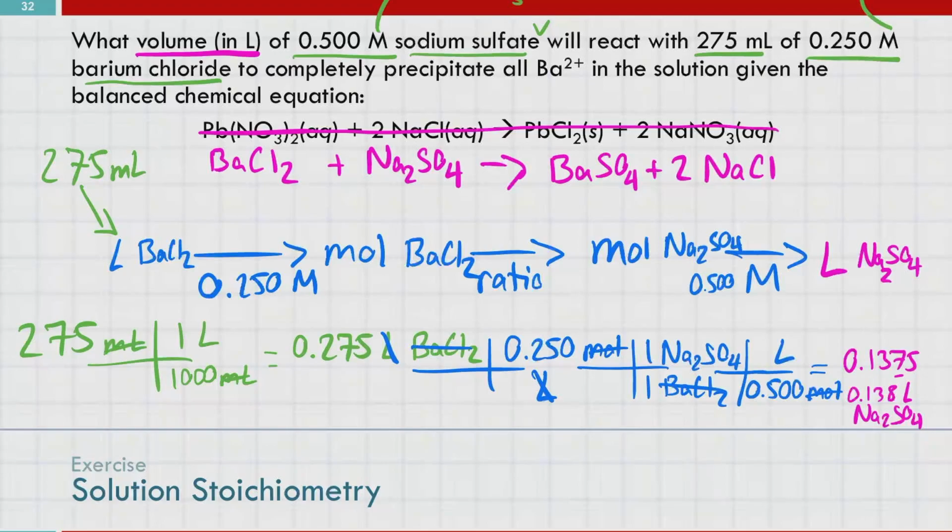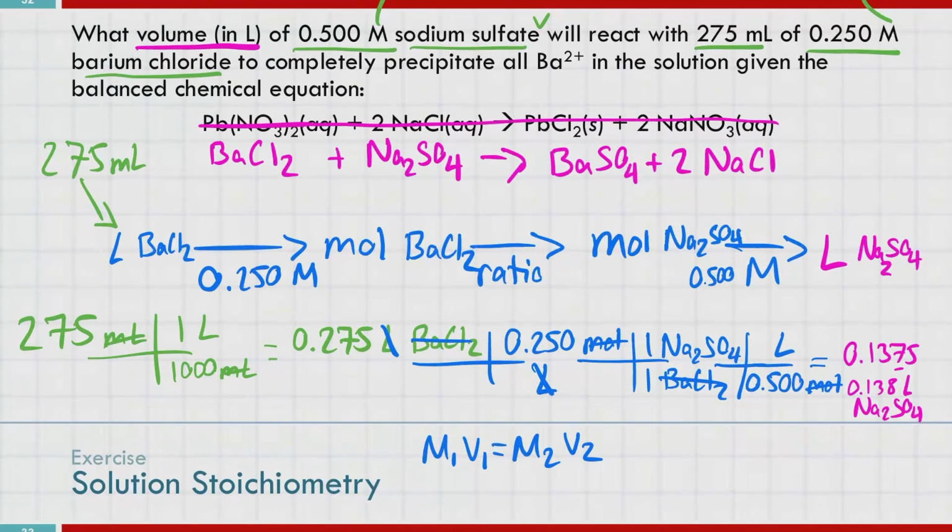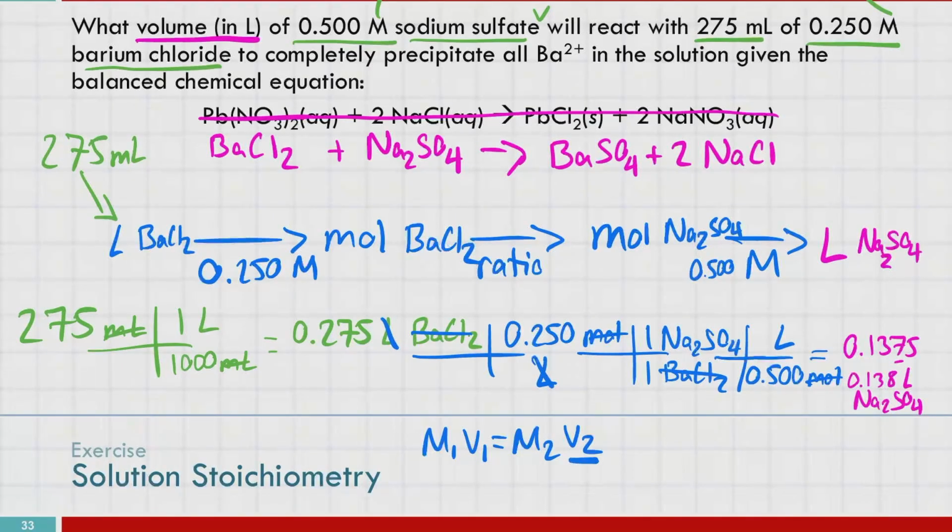If we forgot what I've been harping on, and we were looking for a volume of our sodium sulfate, and we didn't get things confused, calculating for V2, that would be M1 V1 over M2.